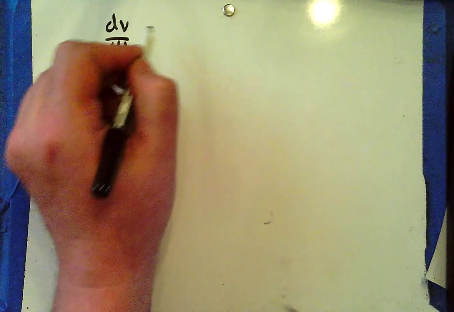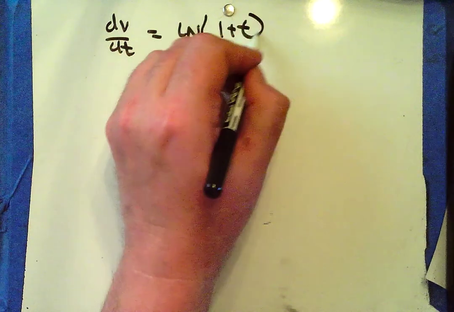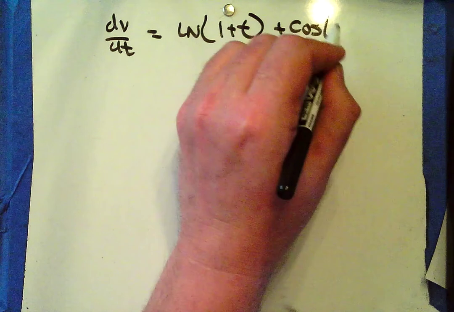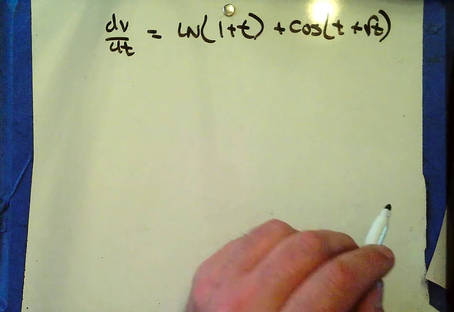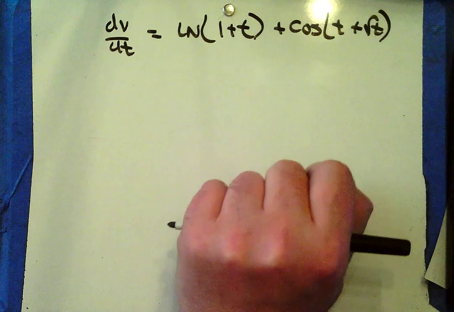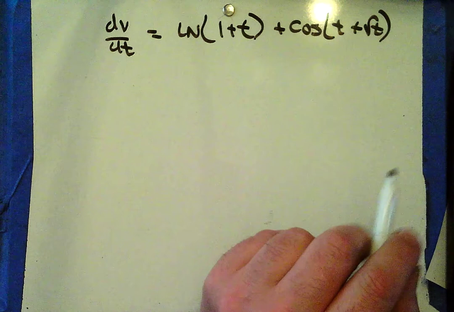45 says fluid leaks out of a bottle at a rate of, so here's our dV dt is ln of 1 plus t plus cosine t plus square root of t. You know, those of you who are wondering where they came up with this equation from, you might want to take an applied math class.